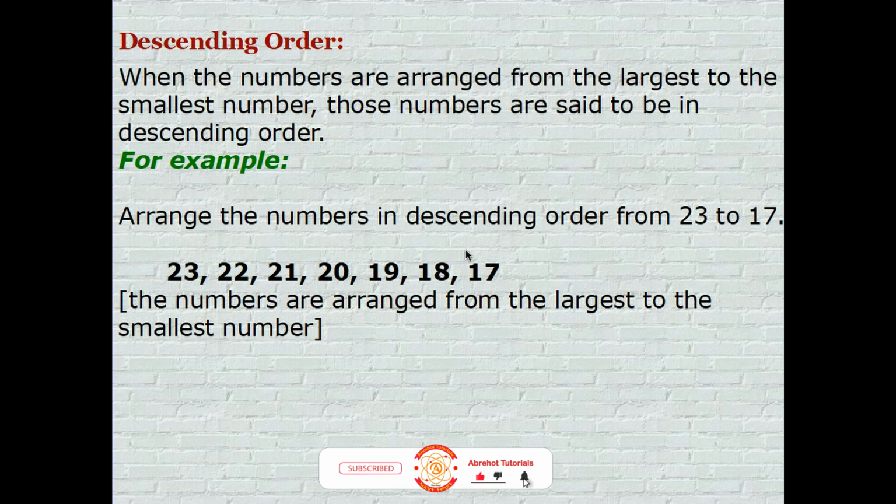The numbers are arranged from the largest to the smallest, in decreasing order. So this is what arranging numbers in ascending and descending order means.